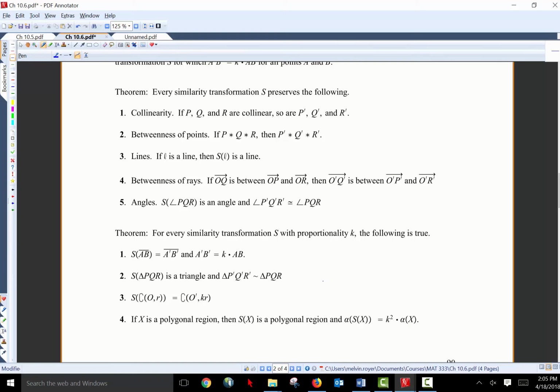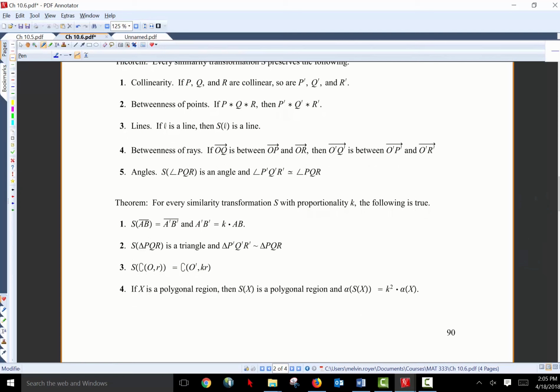We had basically these same properties before for isometries. You look back 8 or 10 pages in our notes, and there they were. So some of them are direct copies. This idea that a similarity transformation preserves collinearity between lines, angles, and so on, that's exactly the case for isometries. And then there were some properties that involved distance.